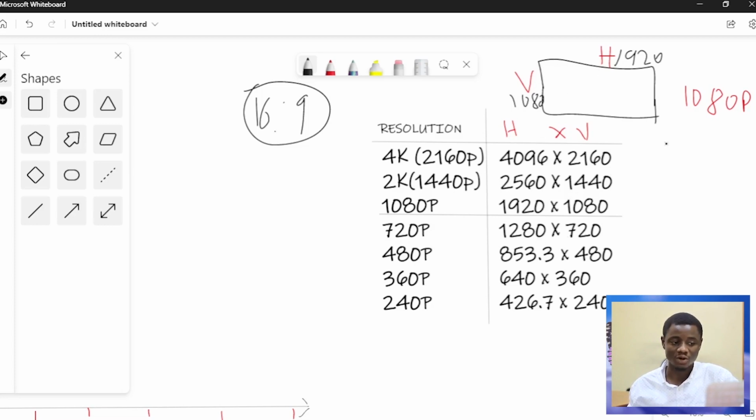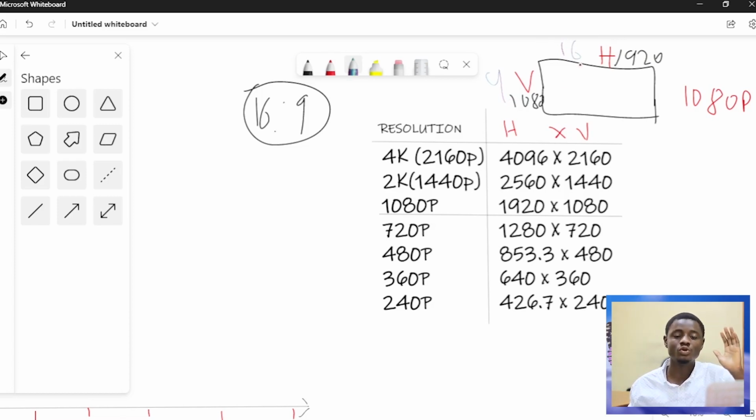So the way these values are gotten, like I told you, I said 16:9 is the popular aspect ratio. So this is 16:9. You want to use a resolution of 1080p.